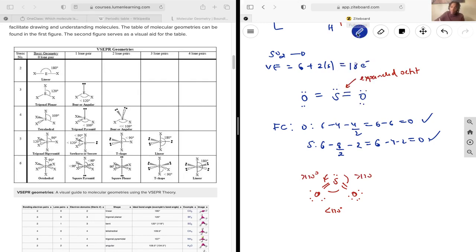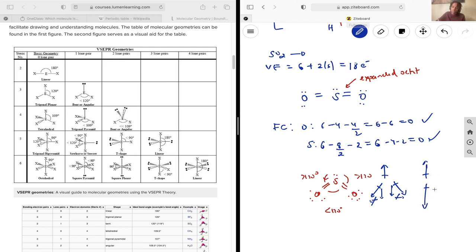Now let's see if the dipole moments will cancel. We have a dipole moment that is up towards the lone pair. Sulfur is pointing down towards the two oxygens. And so we see that indeed this can be written as this, and this can be written as this and this. So these two will cancel because the two are equal. And you're actually going to get a dipole moment. One is pointing up and the other is pointing down.